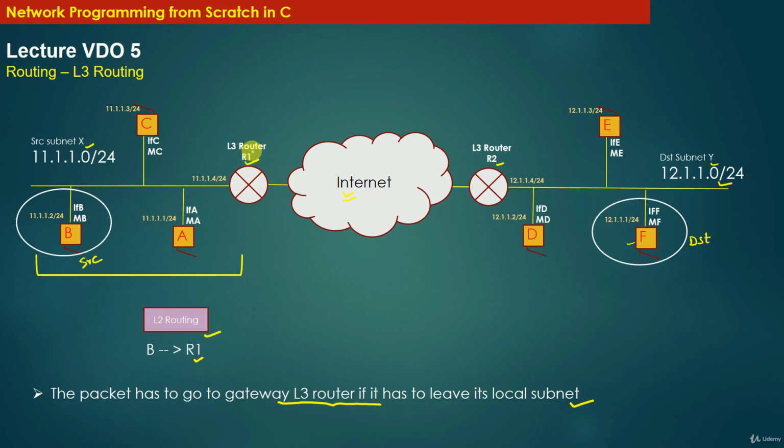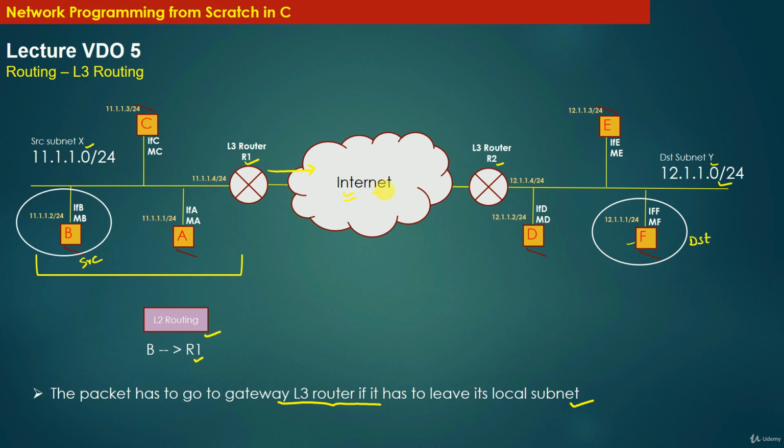So it is router R1's responsibility to forward the data packet further to the next router in the network based on the layer 3 routing information it has. So layer 3 router R1 forwards the packet to the next router present in the internet. And as we already know, internet is actually a network of a large number of layer 3 routers. So every router in the internet is going to forward the packet to the next router in the network based on its layer 3 routing information.